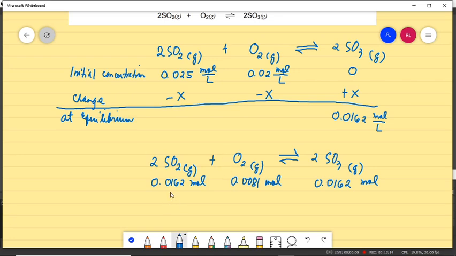So if you have 0.0162 mole of sulfur trioxide, you need half of this amount of oxygen in order to produce it. So these are the changes in the concentrations of our reactants.